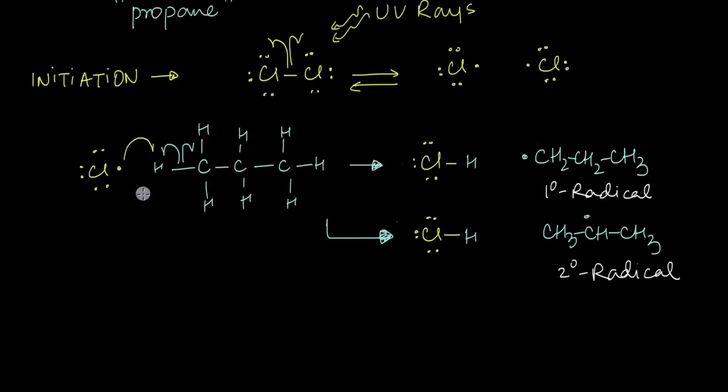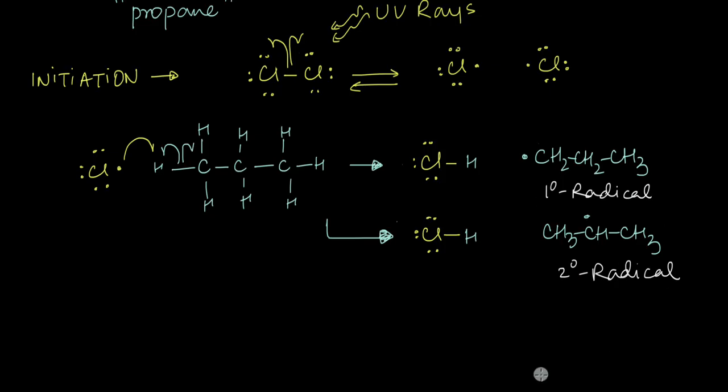And if it abstracts any of these hydrogen atoms from this end, then in all these cases I'll be left with a CH3CH2CH2 radical, right? Now this is nothing but equal to the first degree radical that we had out here. So a chlorine radical can abstract any of these hydrogen atoms from a propane molecule, but in all these cases I'll be left with either a first degree radical or a second degree carbon radical, right?